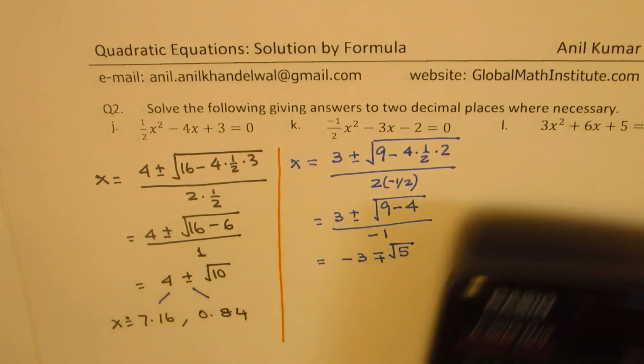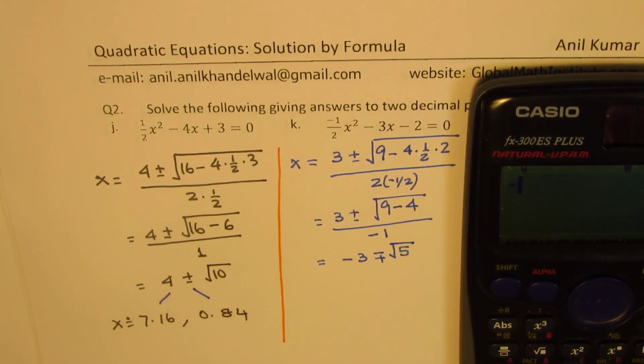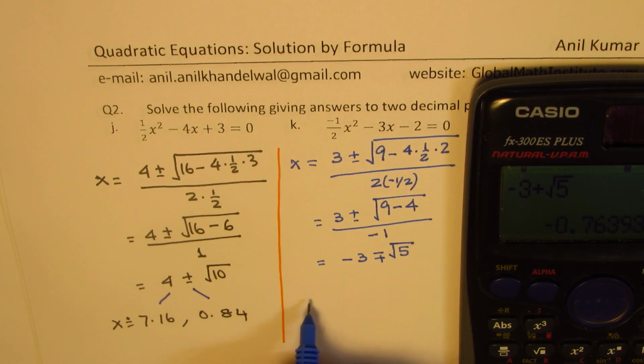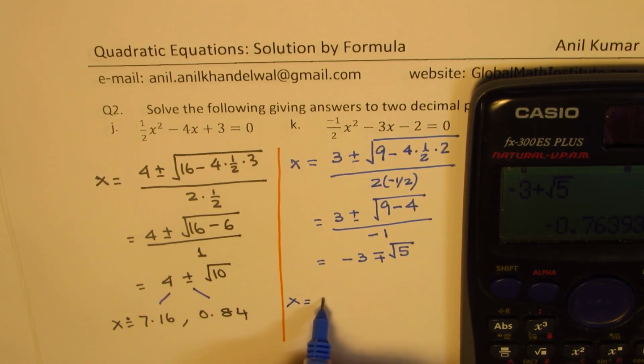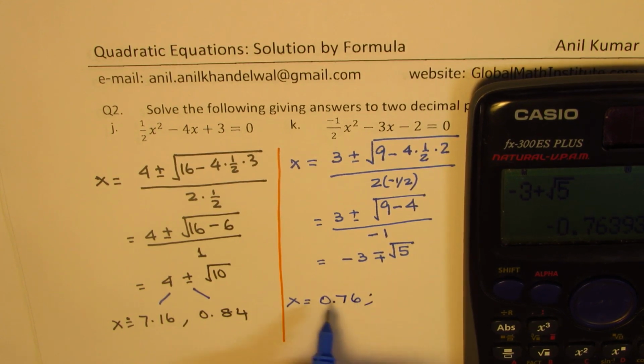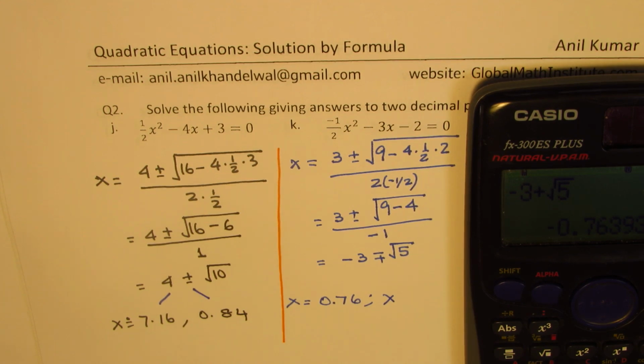So these two solutions, let's figure this out. So we have minus 3 plus square root of 5 equals, in decimals, minus 0.763. So I'll write it as 0.76. And the other value is, both are negative, right?